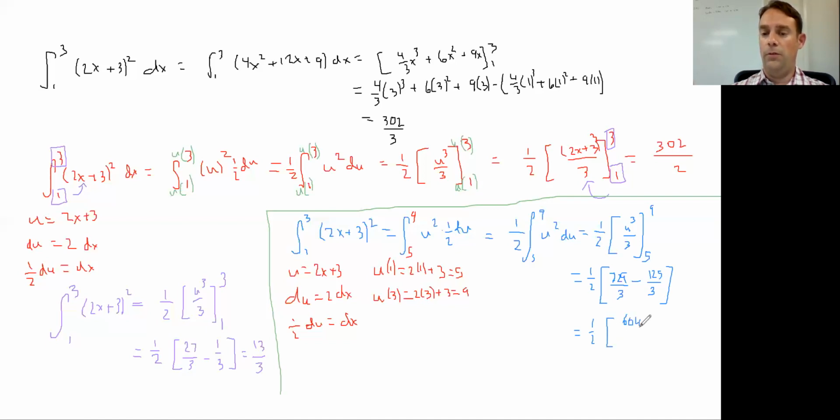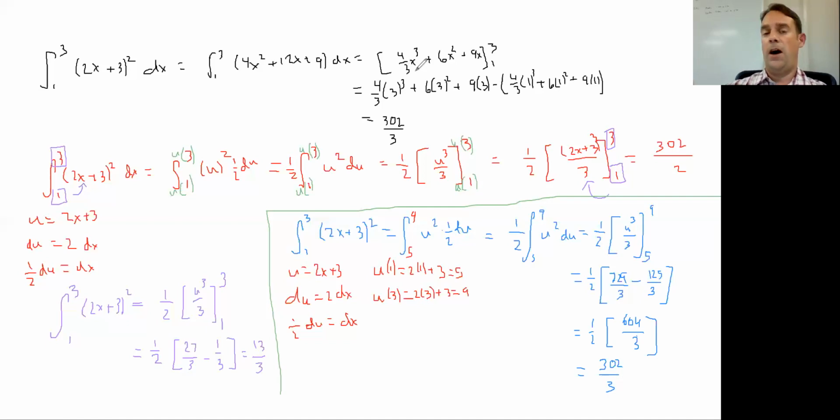And again, I would have left my answer as 729 over 3 minus 125 over 3. If this was on the free response, I wouldn't keep going. But to show you what I'm talking about here, especially if this is a multiple choice, notice I end up getting the same answer.